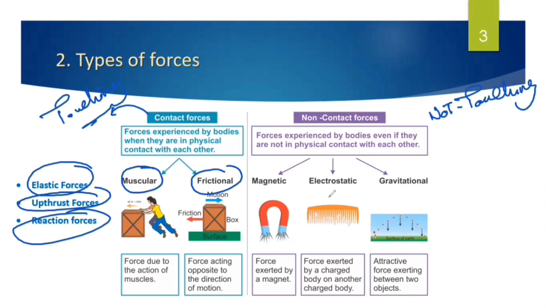ال non-contact the two surfaces are not touching، مش لامسين بعض like magnetic. بنحط two magnets بعاد عن بعض بيبدأوا يعملوا force يا إما attraction يا إما repulsion. electrostatic force دي caused by charges on the body. ال charges like positive and negative charge بيبدأوا يعملوا force على بعضهم يا إما attraction يا إما repulsion.